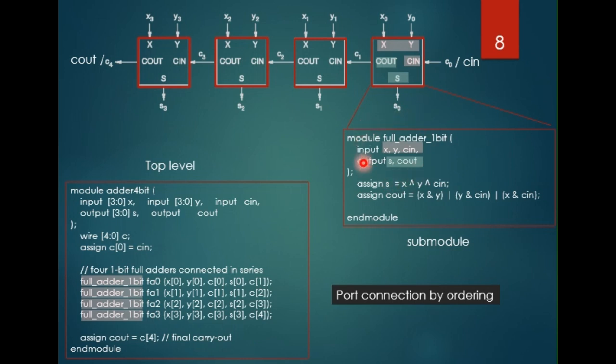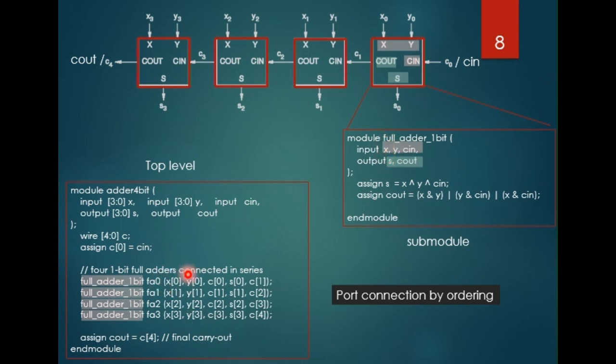In the submodule full adder 1-bit, you declare X first, followed by Y, followed by carry in. So at your top level circuit, you want to connect X0 to port X, Y0 to port Y, and carry in or C0 to C in. So you need to put them in the right order, with X0 first. Why? Because in the submodule, the port X is declared first.